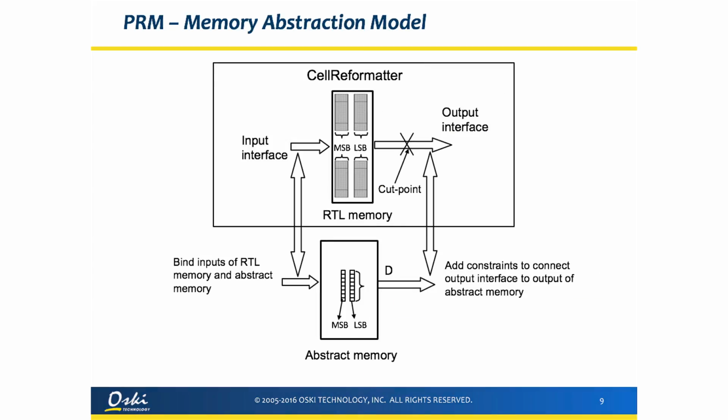So one classical technique for that is to watch a specific bit which is coming out of the design and then trace its way back and make that bit symbolic. And then on top of it, inside the design, as well as in the checker, you can make an abstraction model on the memory. And instead of modeling the entire memory, you could be watching just one bit at a time. And that's the memory abstraction model we talked about.